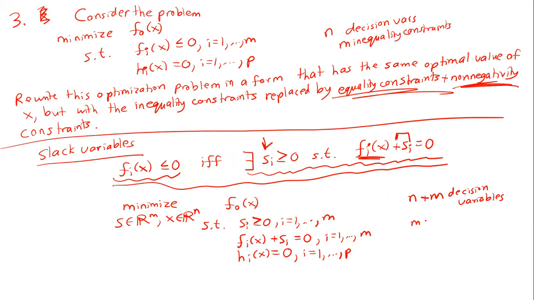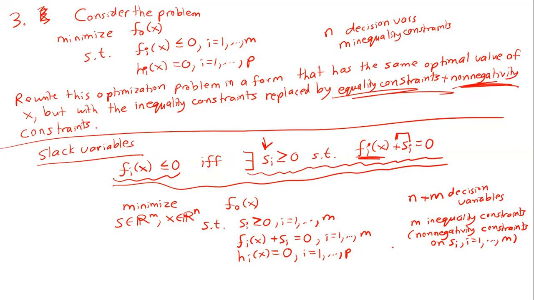But here I also have m inequality constraints, but these are the non-negativity constraints on the slack variables si for i equals 1 to m.